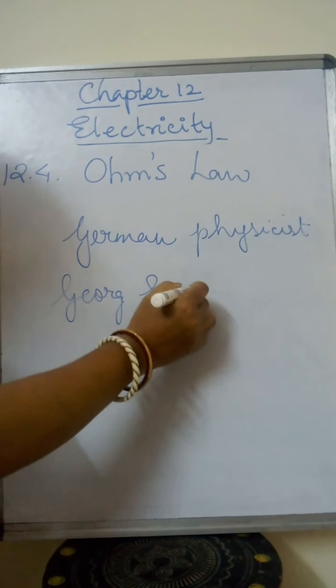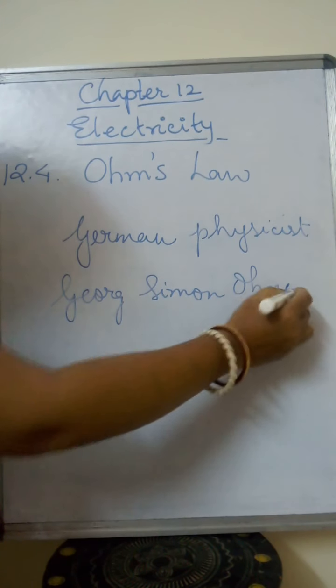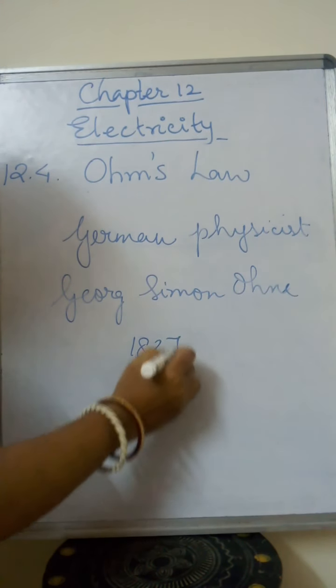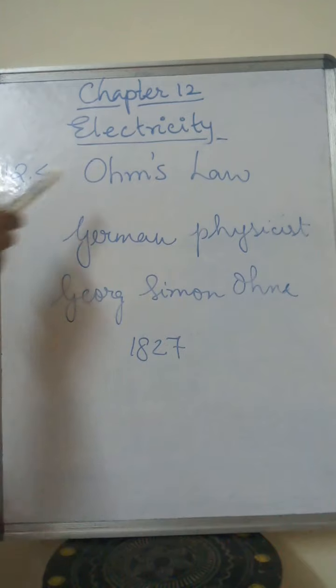In the year 1827, for the first time he found out the relationship between the current flowing in a metallic wire, that is inside a conductor, and the potential difference across its terminals. So that is why this Ohm's law is named after him.